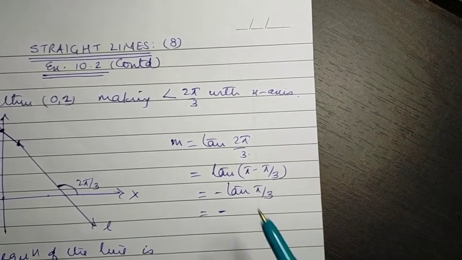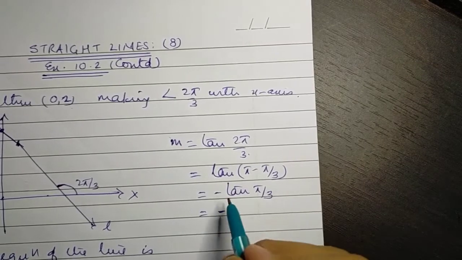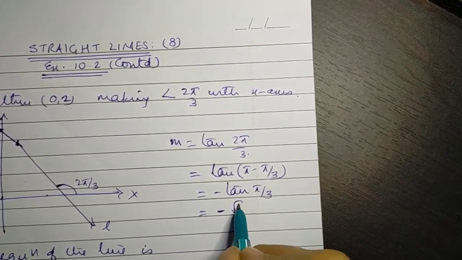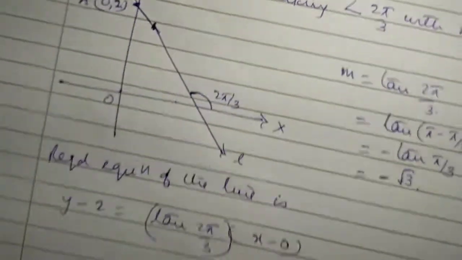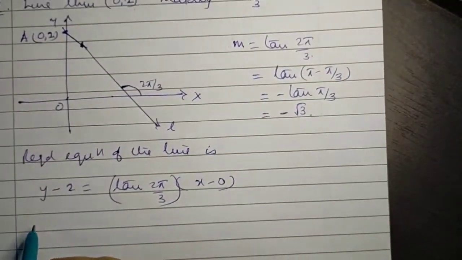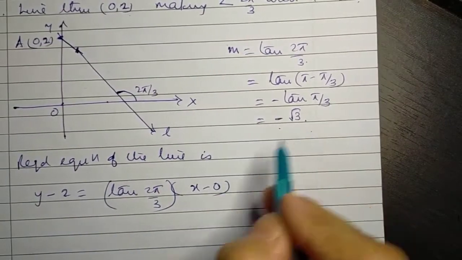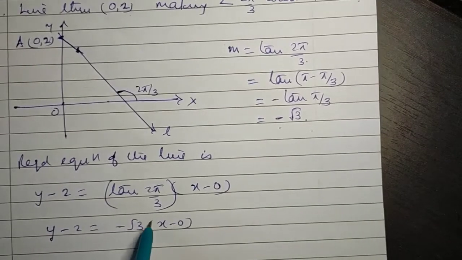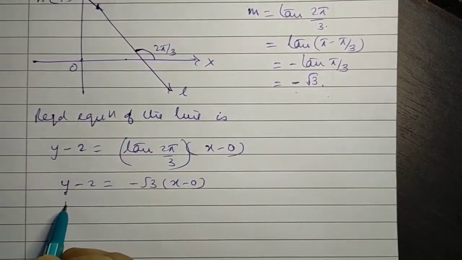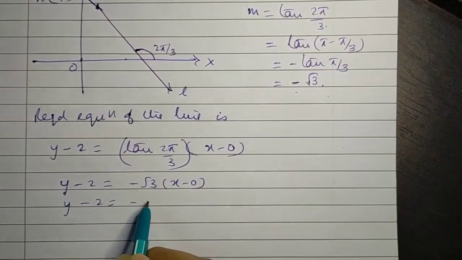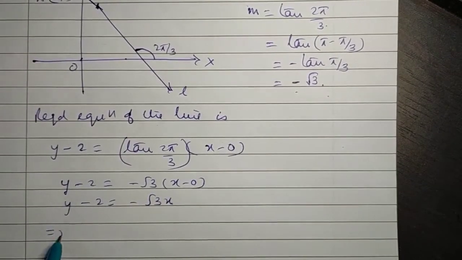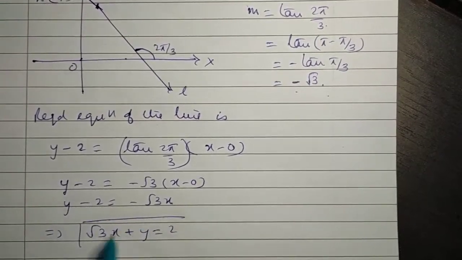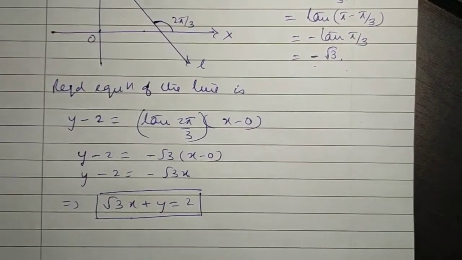Now pi by 3 is 60 degrees, so this will be equal to root 3. So the slope is minus root 3. So y minus 2 is equal to minus root 3 times x minus 0. Solving, we get y minus 2 is equal to minus root 3 x, which can be written as root 3 x plus y equal to 2, the required equation.